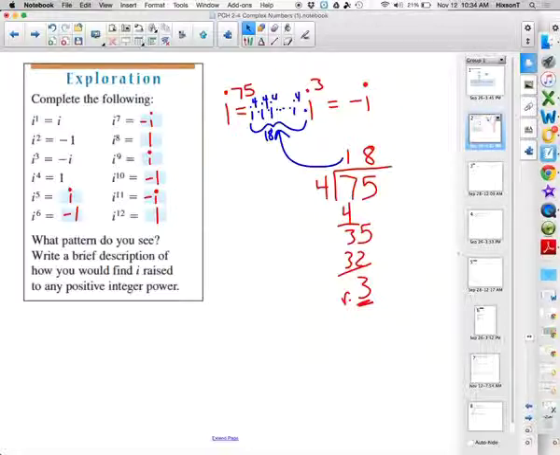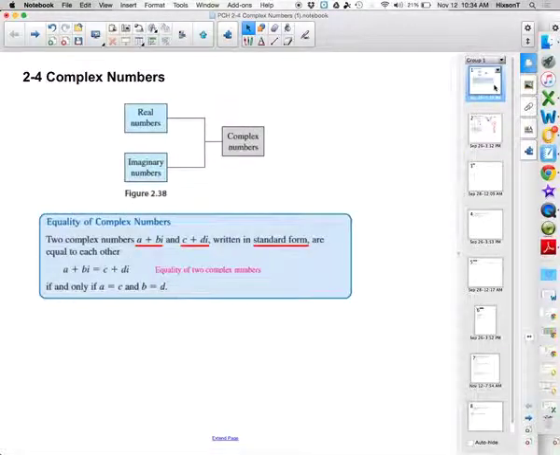So let's look at the complex numbers a little more generally. The values with i are our imaginary numbers, so we have real numbers as well. When we put these together, we have our complex numbers. Believe it or not, the complex numbers are the broadest category of numbers that we have.